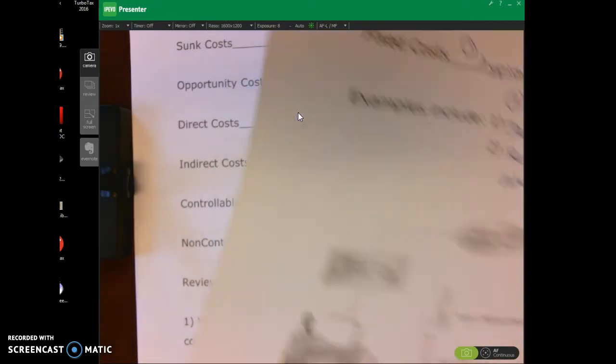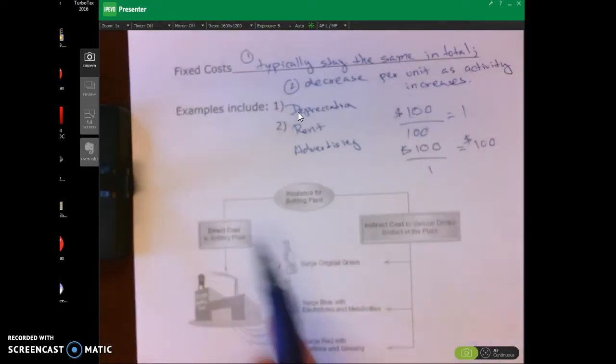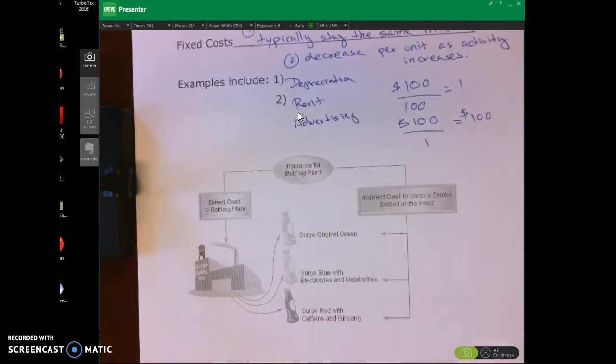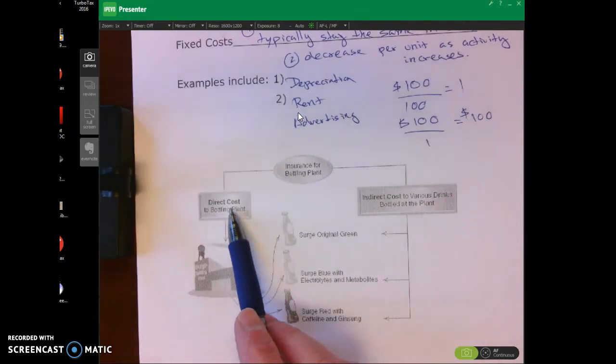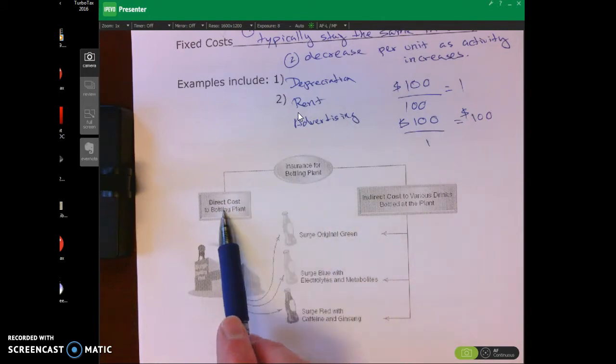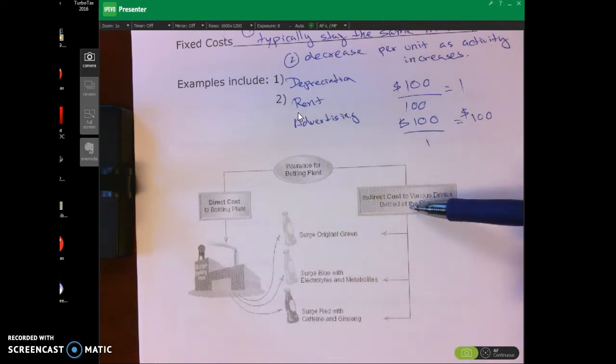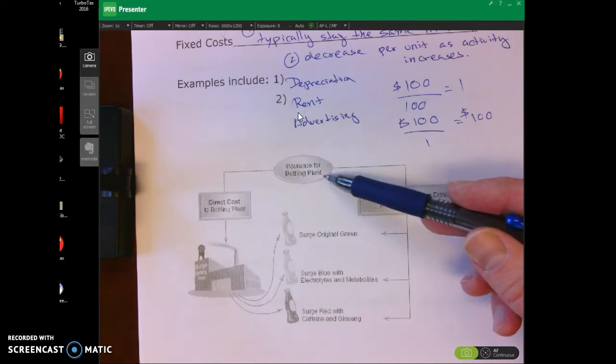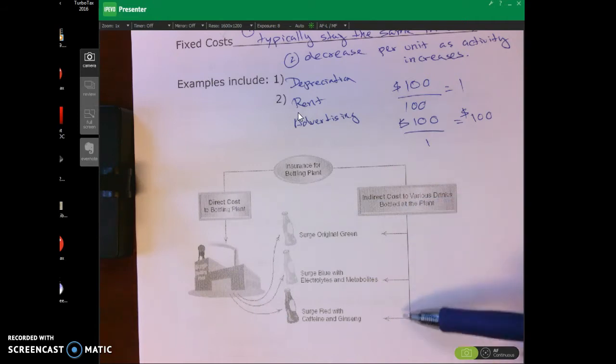So if we look back over here at this example of the direct versus the indirect cost on page 4 of your notes, you can see we have a direct cost for insurance on the bottling plant. It's directly traced to the bottling plant, but it's very difficult to directly trace the insurance costs on the plant, at the plant level, to each product that we make. It's kind of like saying, what if you live in an apartment with 3 roommates? Well, you have utilities costs on the apartment.